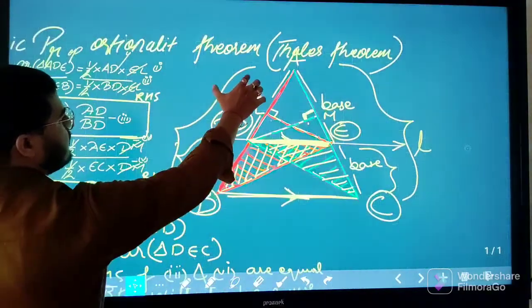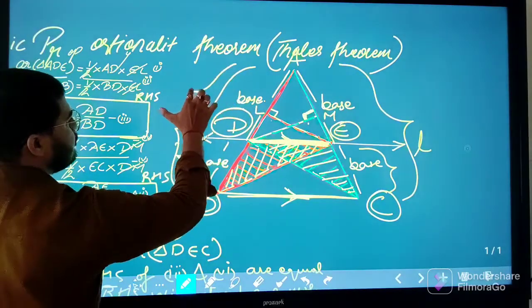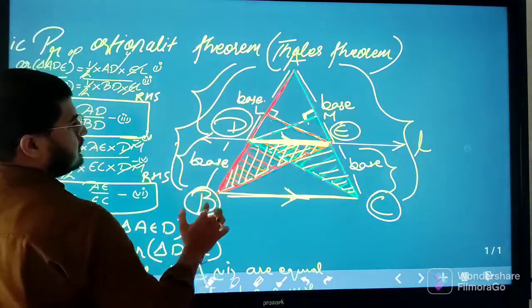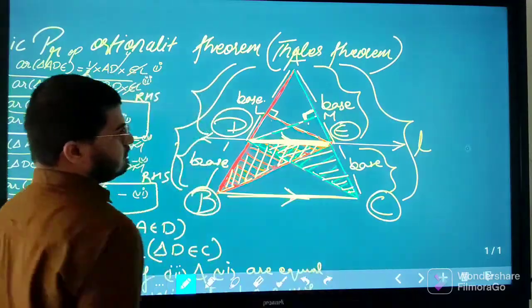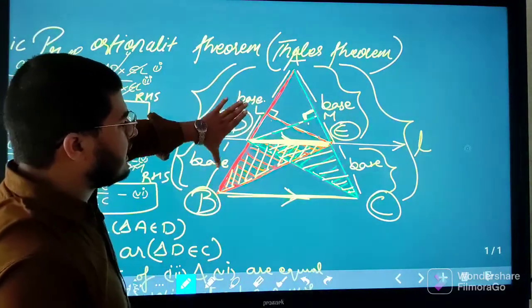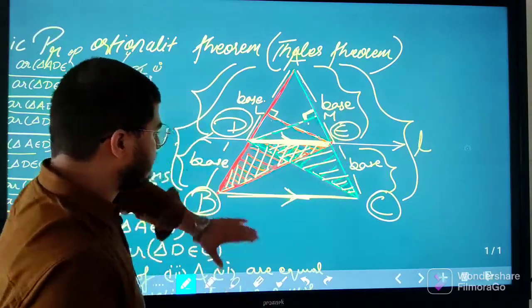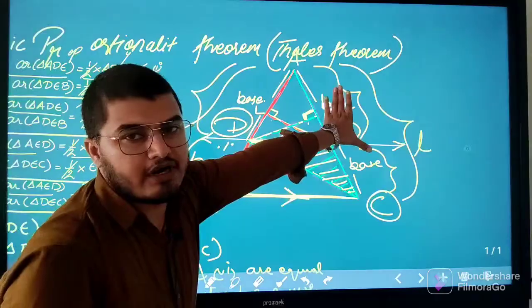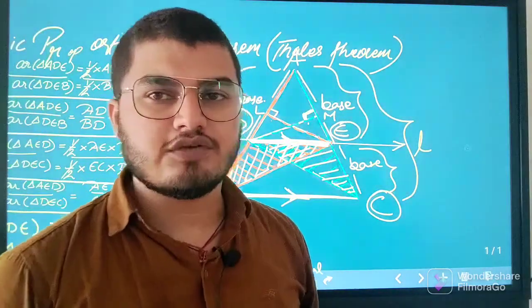The ratio of the upper part of the triangle, that is this portion AD upon AB, is equal to AE upon AC. This part divided by the entire side is equal to this part divided by the entire side. So these are some of the important results of the Thales theorem.